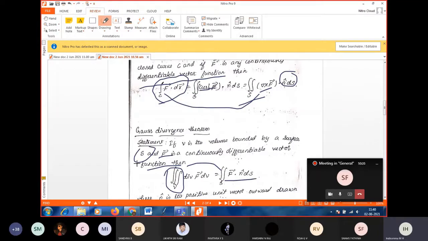The Gauss divergence theorem converts a volume integral to a surface integral, or a surface integral to a volume integral, because they are equal.